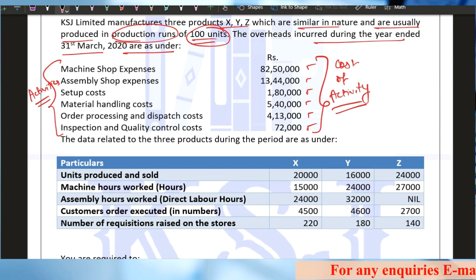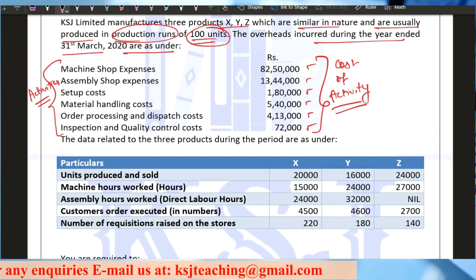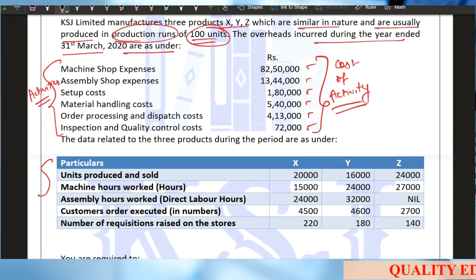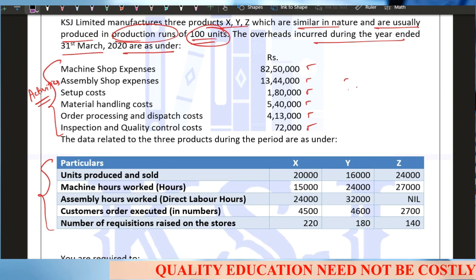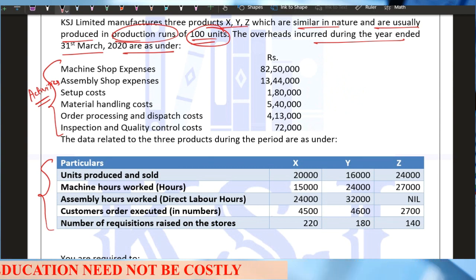Now, if I am going to talk about the machine shop expenses, can you tell me the cost driver on which these machine shop expenses will be dependent? Try to identify from here.